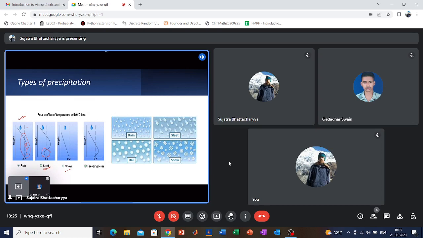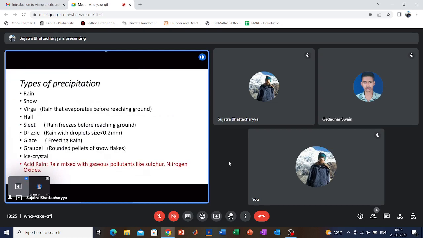Therefore, very near to the ground the temperature is below 0 degrees Celsius, below the freezing point. That is the condition for freezing rain. Sleet and freezing rain are quite similar, but in sleet the rain freezes before reaching the ground, and in freezing rain, the rain falls, and at that instant it freezes.